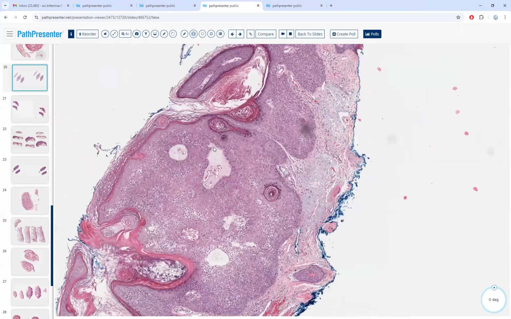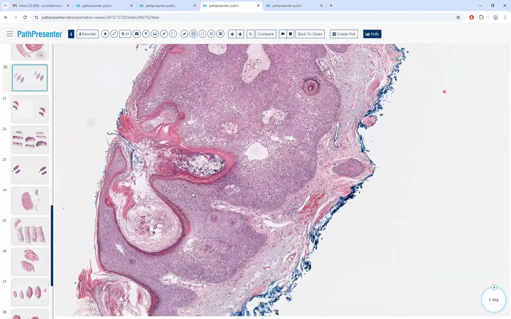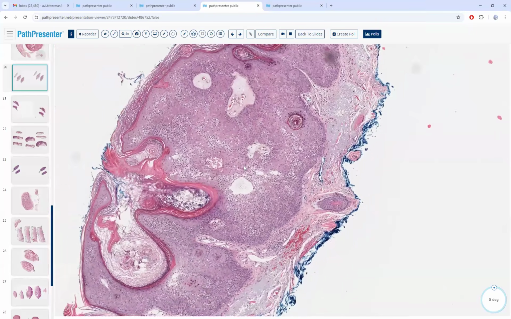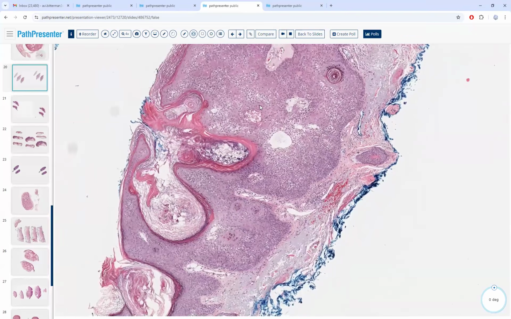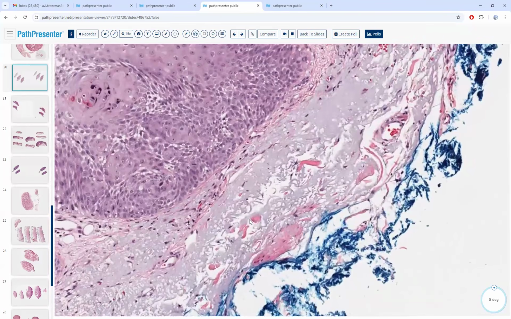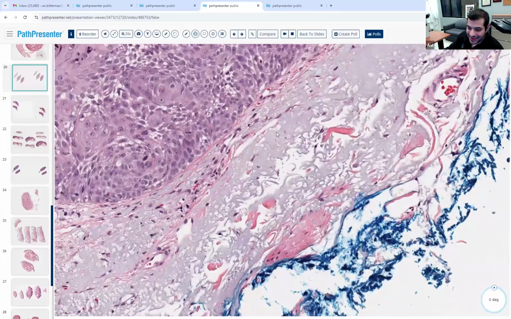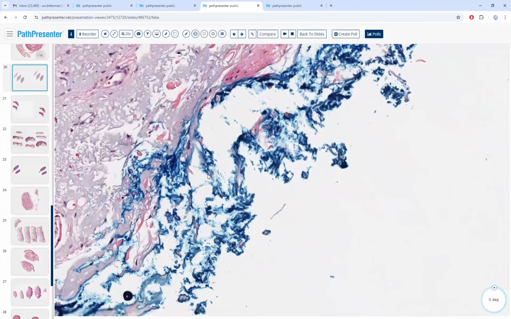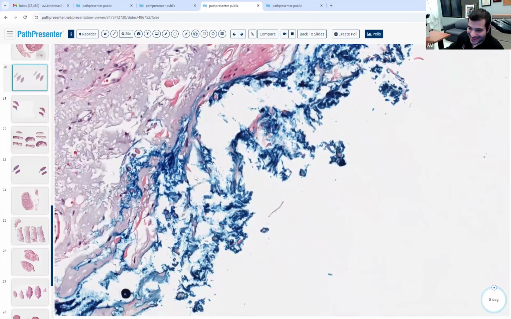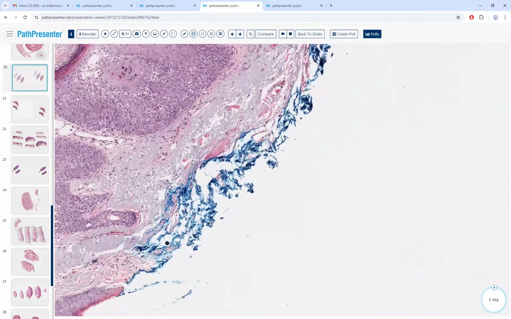Seems like there's some acanthosis, some solar elastosis as well. Okay. And is this mucin? Is it pools of mucin? Well, you tell me, is it mucin or is it solar elastosis? Oh, that's solar elastosis. And what about this? What's this? Ink. Good.